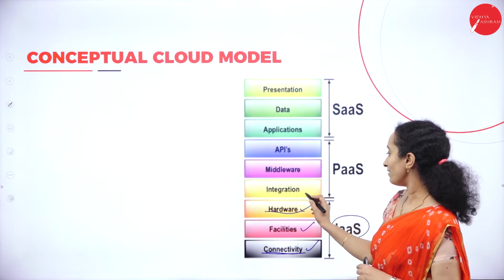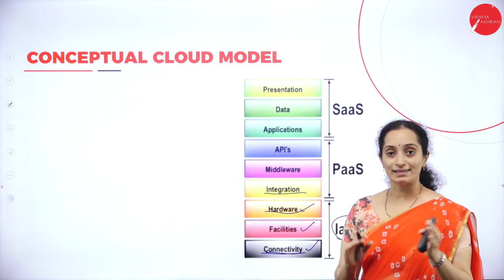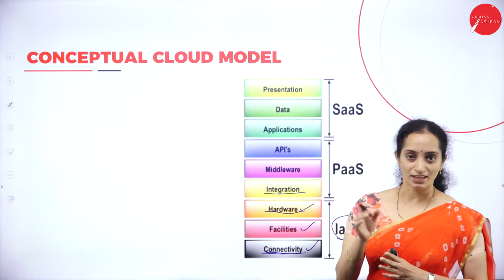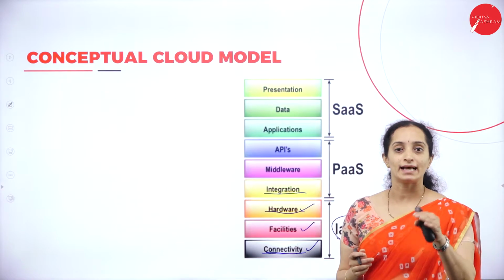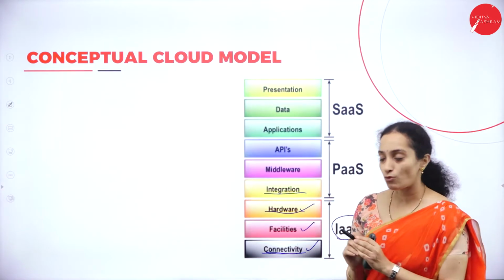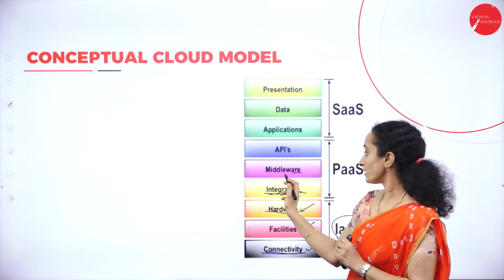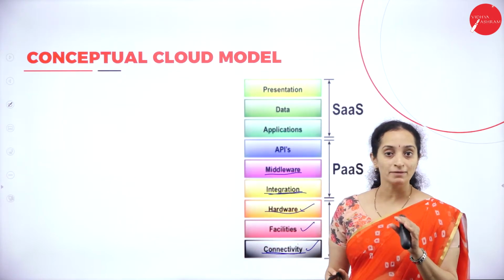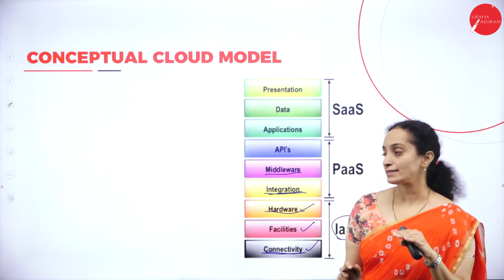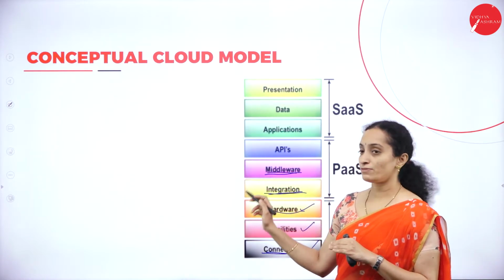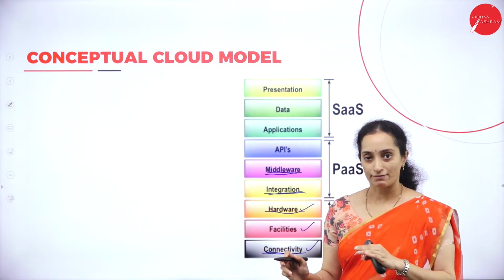In the next level, we have platform as a service. In that, there is integration of the modules. If you are providing one platform, and the client has developed several modules in it, how are you going to integrate that? Apart from that, your platform or system software acts as a middleware between the application software and the hardware.